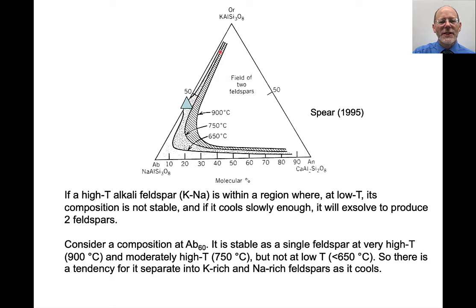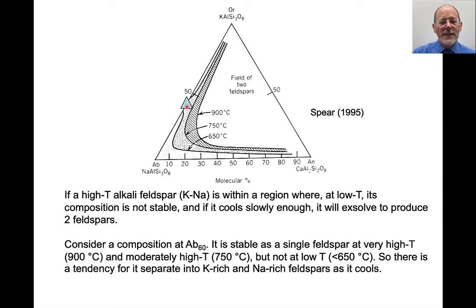So here's the solid solution behavior, this boundary at 750 degrees. So you could have a homogeneous feldspar anywhere within this region that is down or to the left of this stippled region. So we could have a stable feldspar at 750 degrees that has this composition.